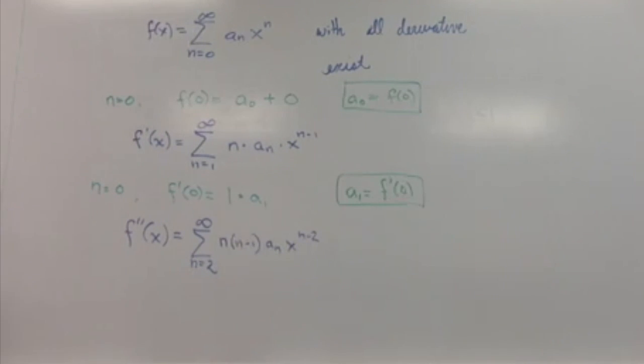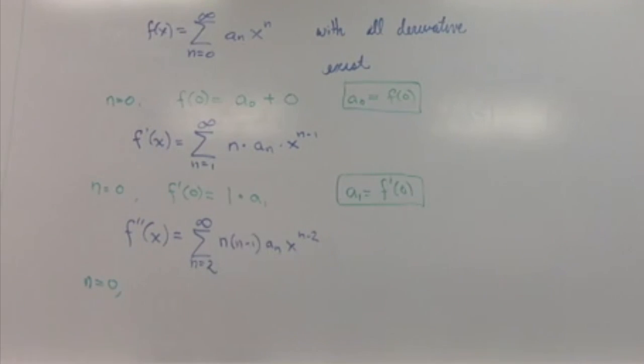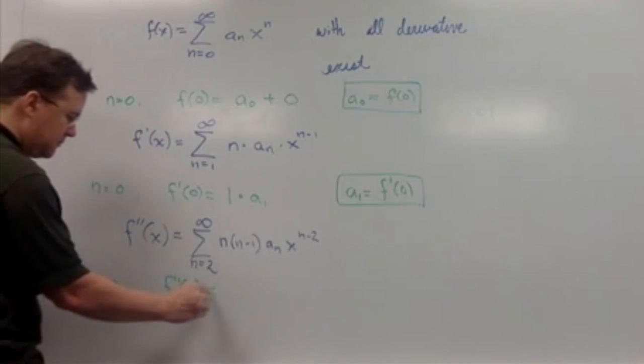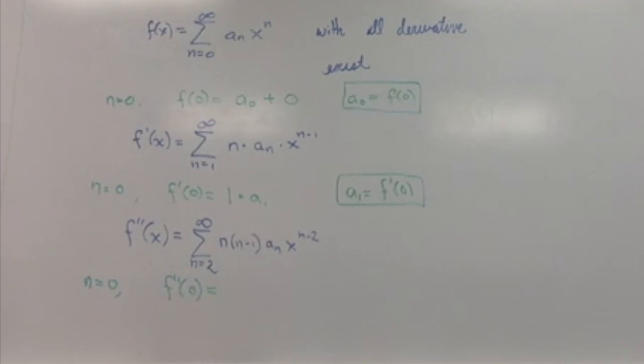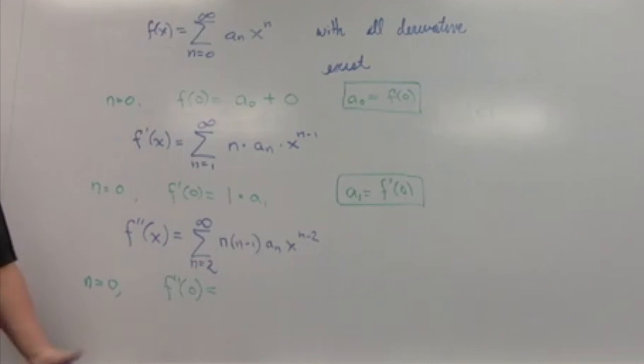And so now it looks to me like if I plug in 0, that's a sub 2. What I get, most of the terms are going to end up being 0. The only thing that doesn't become 0 is the one that doesn't have an x attached to it.